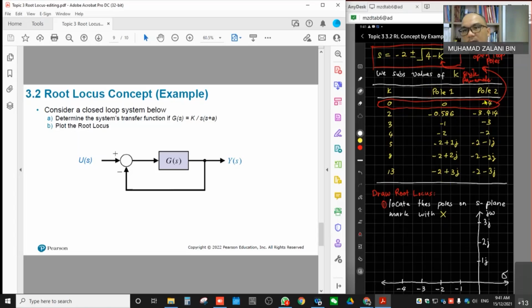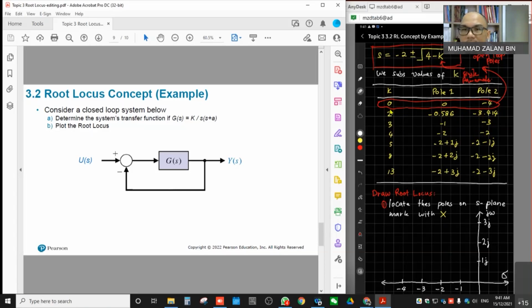That's what we do. And then substitute K equals to 2, and we get negative 0.586 for the first pole and negative 3.414 for pole number 2.